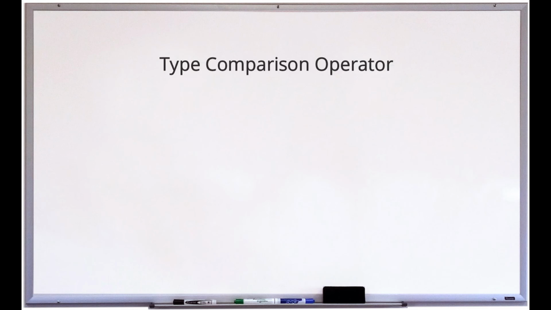Type comparison operator. The instanceof operator compares an object to a specified type. We can use it to test if an object is an instance of a class, an instance of a subclass, or an instance of a class that implements a particular interface.